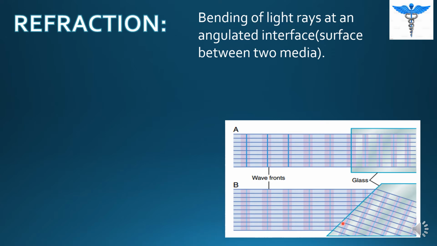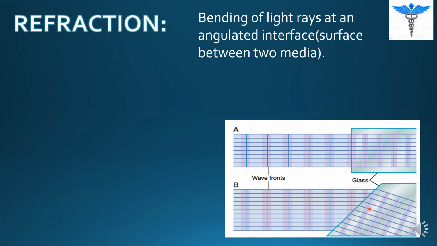The interface is basically the surface between two media. Here you can see this is the air and this is the glass. So this surface between these two media is called the interface. Now if this interface is at a certain angle with respect to the incoming light, then the light will bend, and this bending of light is called refraction.